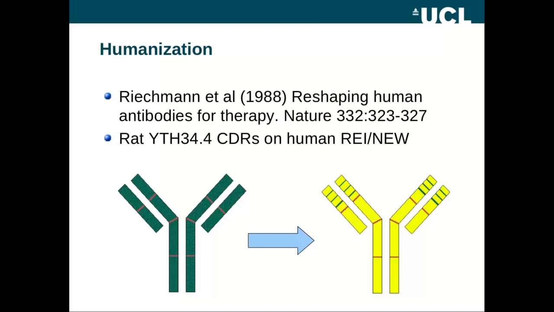And from Chothia's analysis, you will recall that the conformations of the CDRs are determined by these key residues, some of which are within the CDRs themselves and some of which are outside the CDRs, and that certain other residues outside the CDRs can have an effect on the precise conformation of the CDR loops.